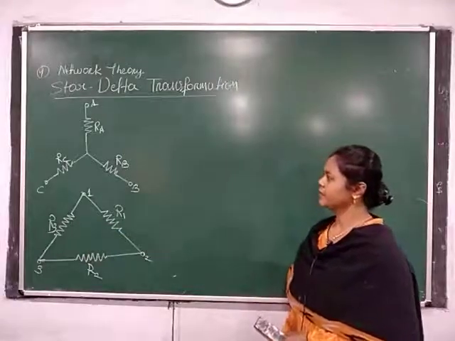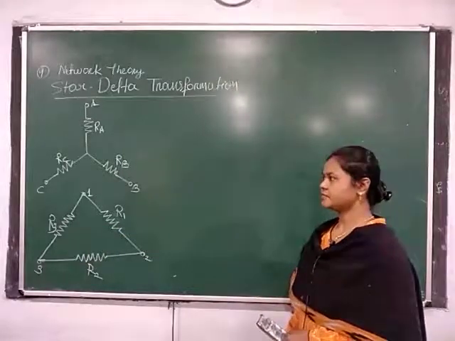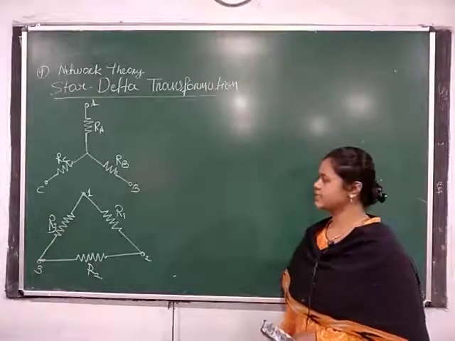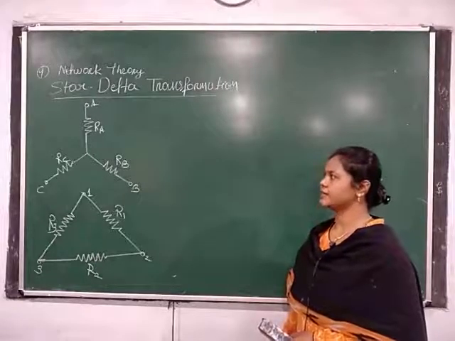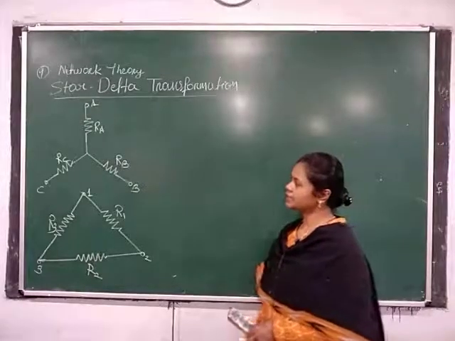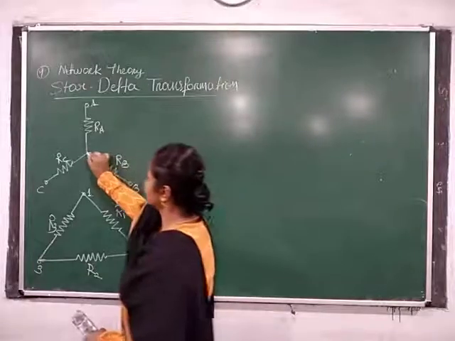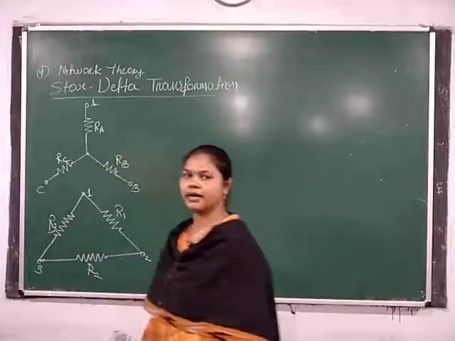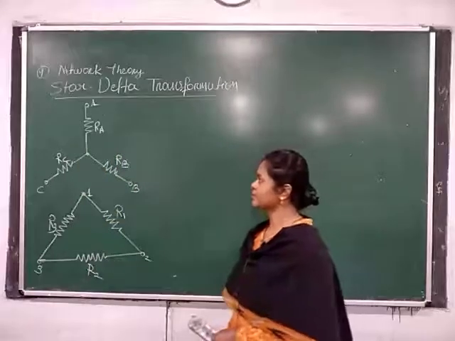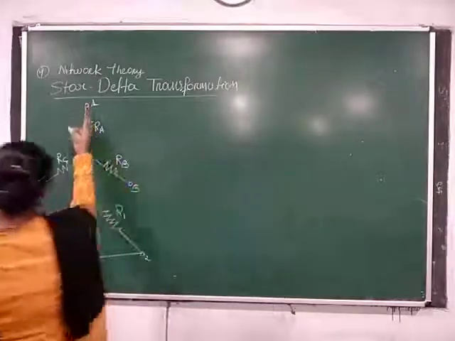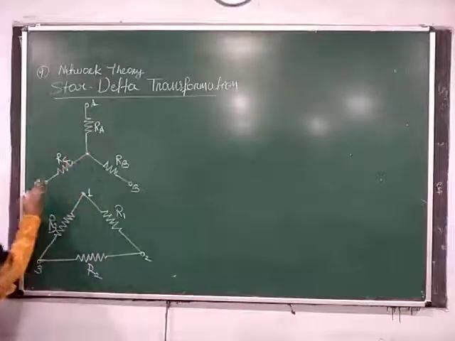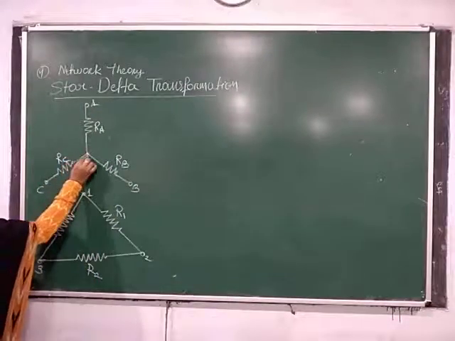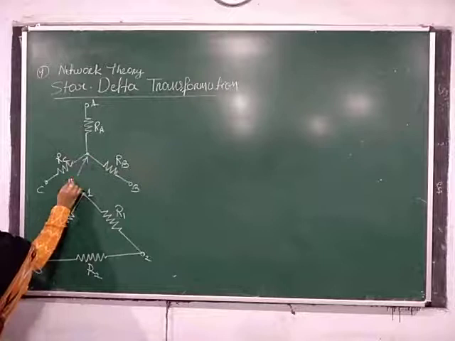Here you see the difference between the star and delta connection. In star connection, there is a common point where the three branches are connected. Three branches means branch A, branch B and branch C. This point is called the neutral point.